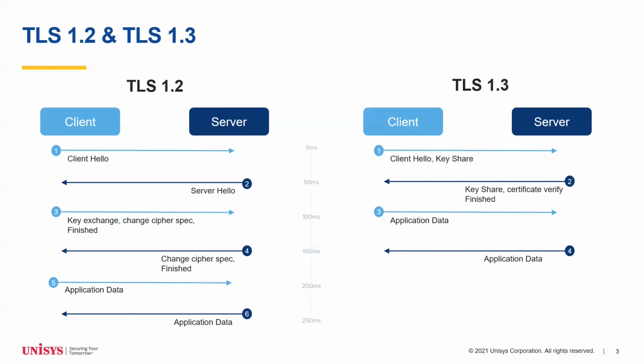Now the client checks the server certificate, generates the key as it has the key share of the server, and sends the client finished message. From here on, the encryption of the data begins. In this way, the TLS 1.3 handshake saves an entire round trip of hundreds of milliseconds. This is a major improvement over the TLS 1.2 handshake.